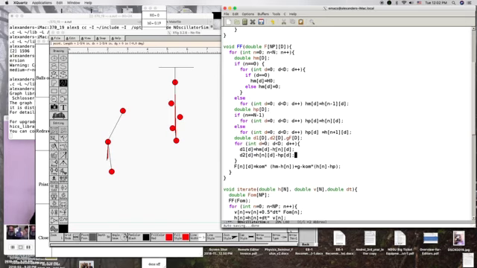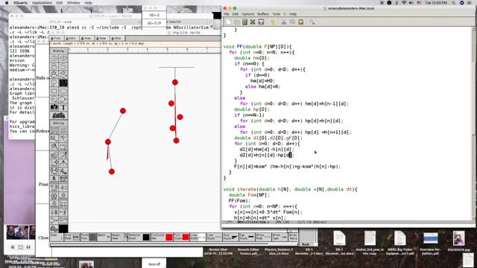Now here we have to be a little bit more careful. We want to define some distance, and the force acting will be in the direction of the position of the particle that we're interacting with, minus our position.